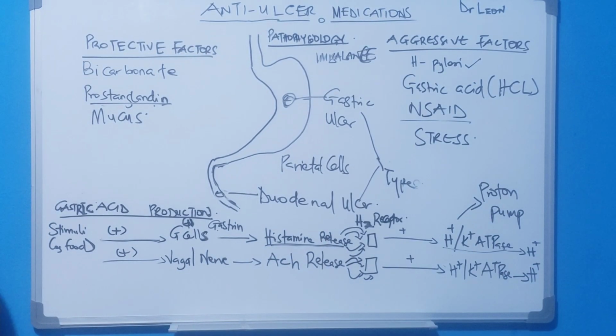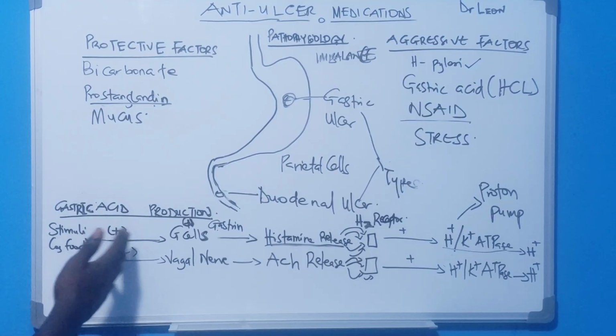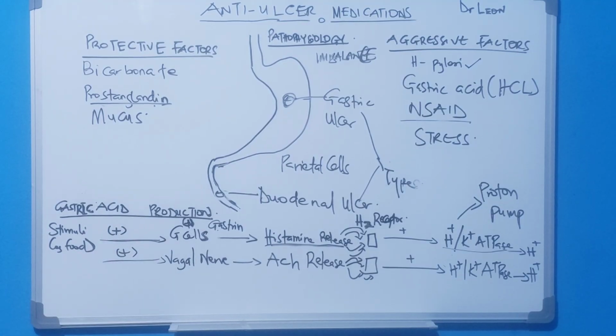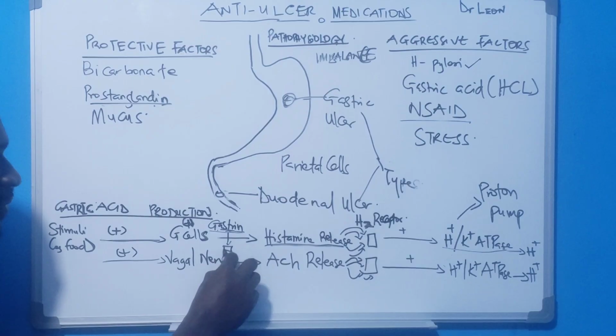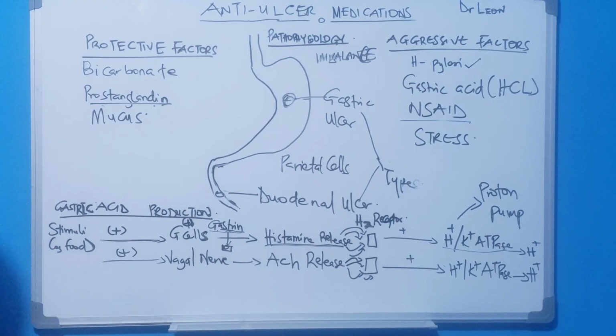So let me take it again. You think about food. The food will stimulate the G cells, and then the G cells will produce a hormone. The hormone is called what? Gastrin. This gastrin will bind to its receptors, and binding to its receptors will lead to the production of histamine.